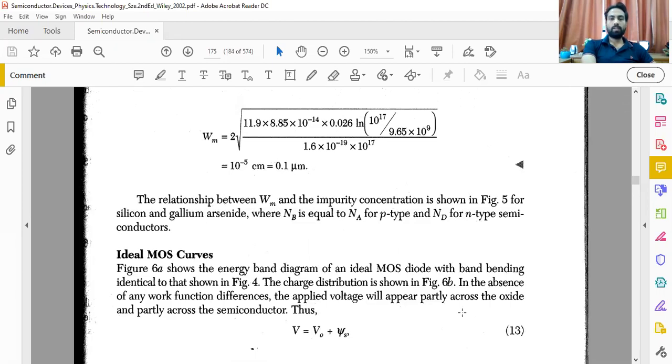So coming up here, in the absence of any work function difference, the applied voltage will appear partly across the oxide and partly across the semiconductor. We have already talked about that. Suppose it is in a zero phi situation, which is somewhat the ideal. We have a semiconductor here, a metal here, and a silicon dioxide gap.